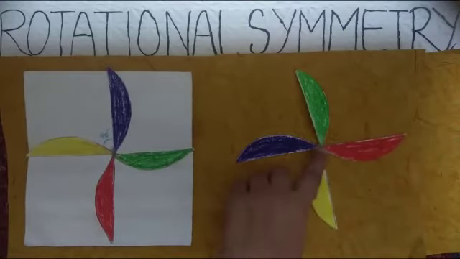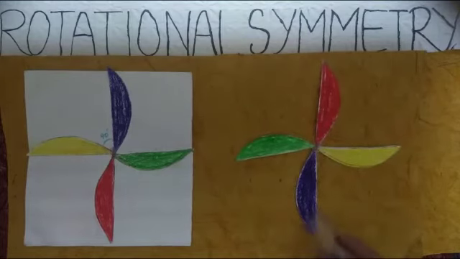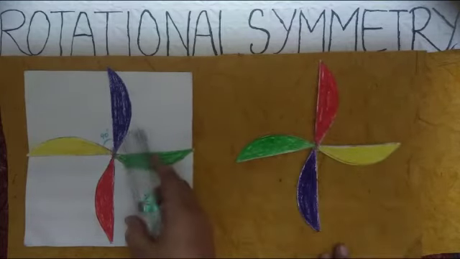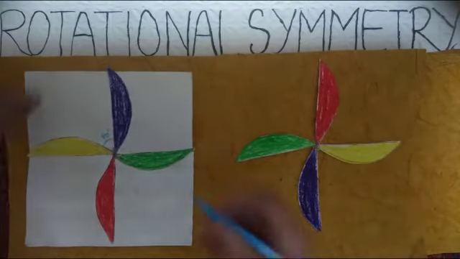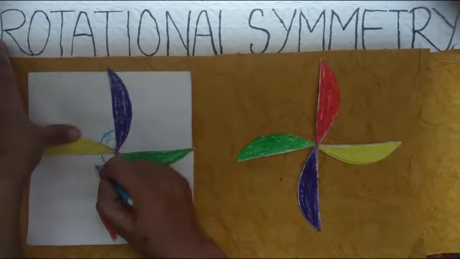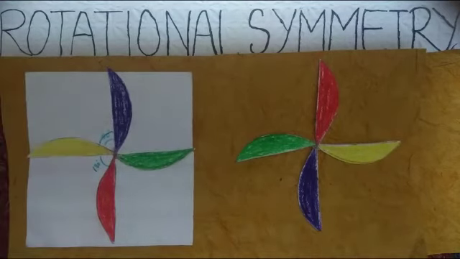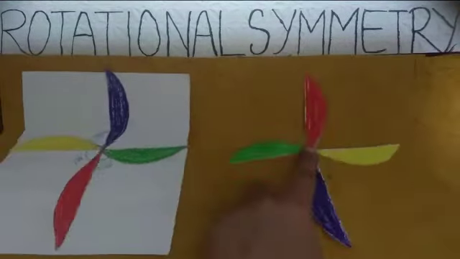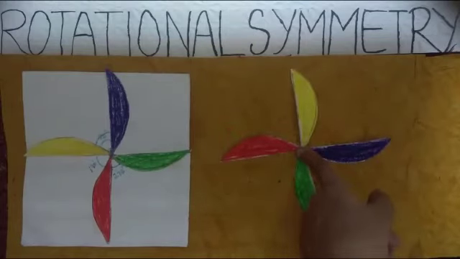Now let us continue with further rotation. Now we see that blue, which was here, you can see the sample figure, it has come to this place. That means it has covered an angle of 180 degree. And still now you see on 180 degree of rotation the figures look the same. Still we continue with our journey of rotation for the third time.